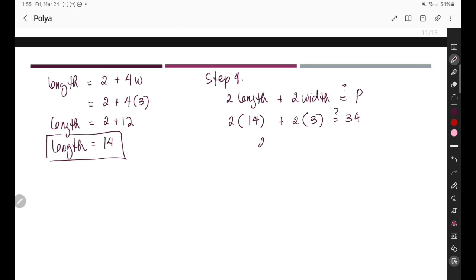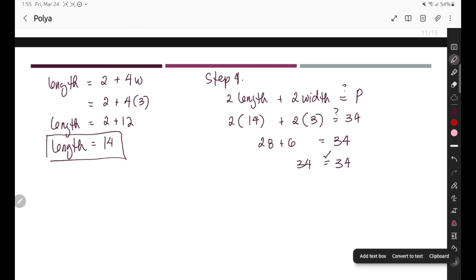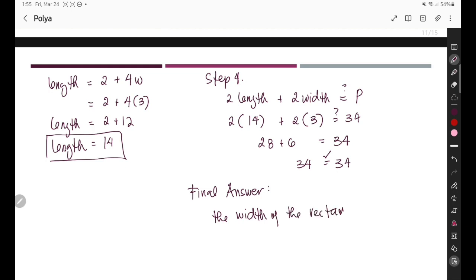Okay, so you have 28 plus 6 is equal to 34. Yes, it's 34 equals 34. Okay, therefore, so you have your final answer. Done.